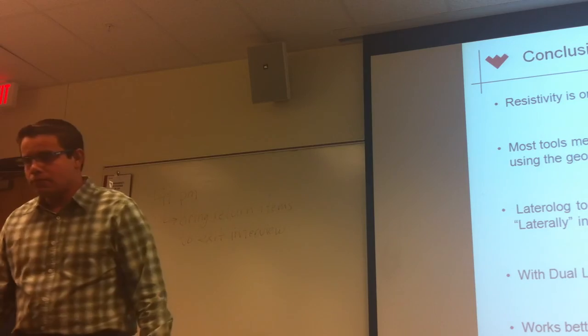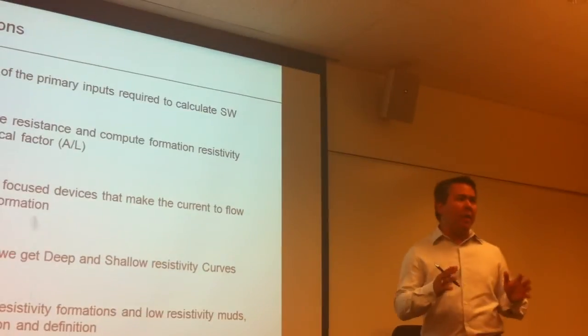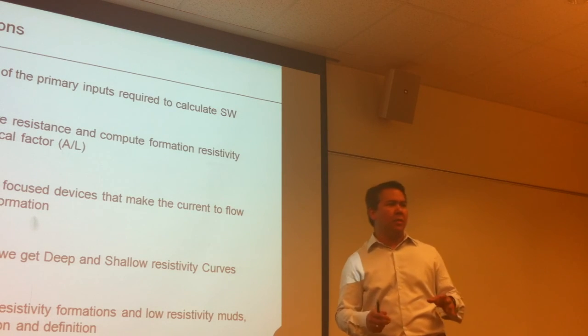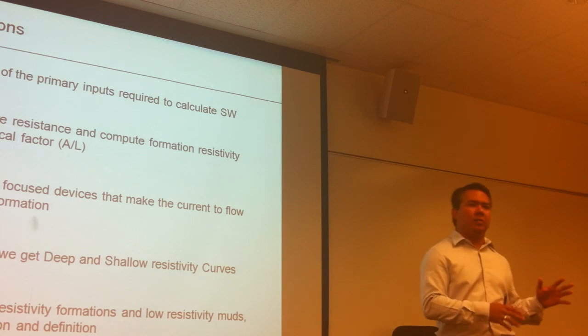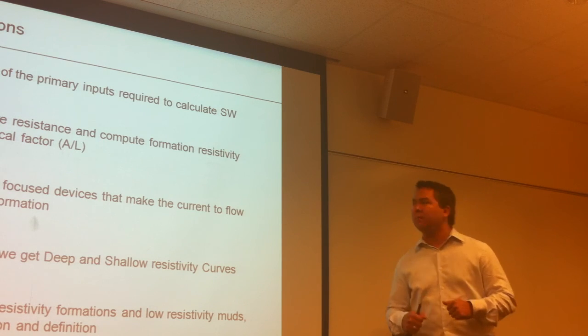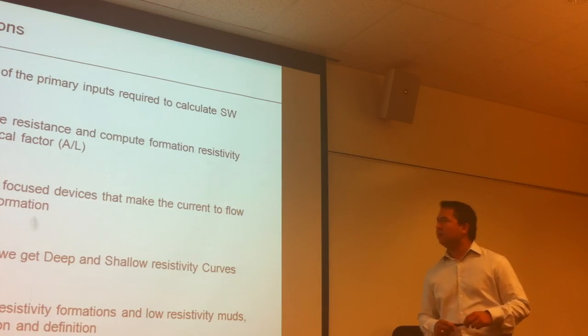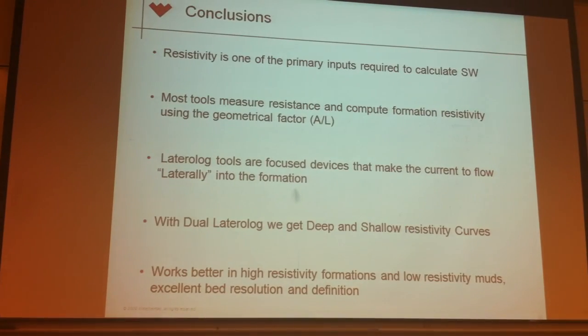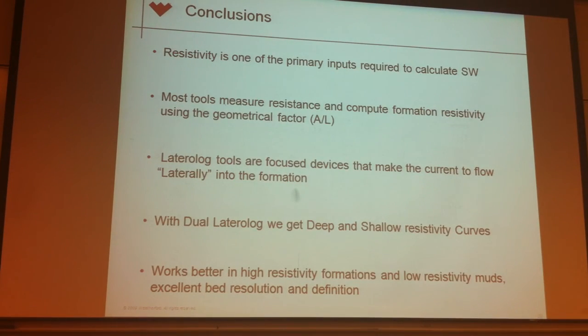For conclusions, we can say that resistivity is one of the main inputs in Archie's equation in order to get water saturation, and at the end to get the oil saturation, which is what is important for us. Most tools measure resistance and compute resistivity using a K factor or geometrical factor driven by the area and the length of the formation being measured. Laterolog devices are tools that force or focus the current into the formation.